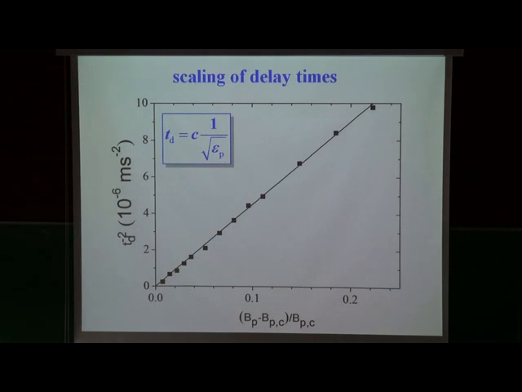So you see here the predicted scaling, and now I square this tau delay, and by squaring and taking it to the power of -2, something which is proportional to this epsilon p should be observable.